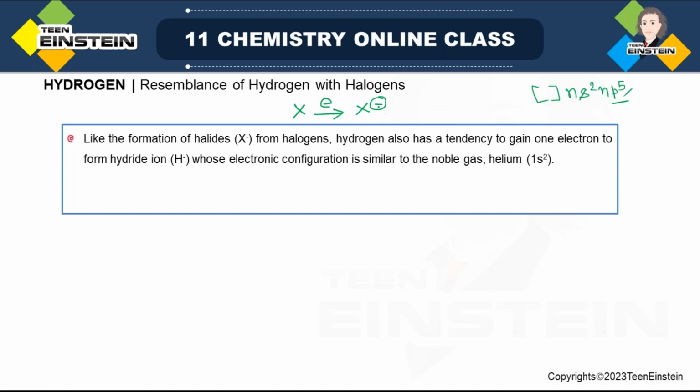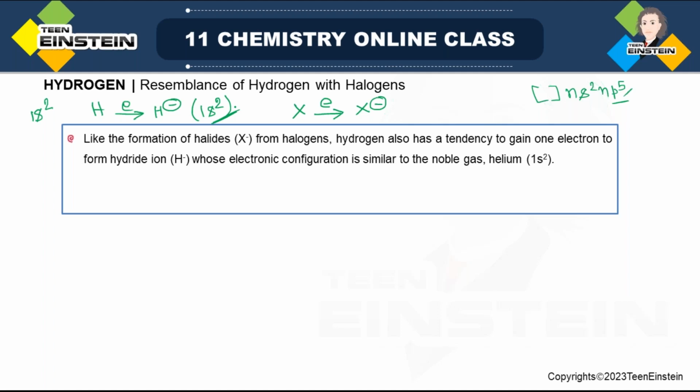Now the same type of observation you can also see in the case of hydrogen. Hydrogen can also accept one electron and form H minus. Now what is the driving force behind that? Hydrogen has the configuration 1s1, and when it accepts an electron, forming H minus, the configuration changes to 1s2, which is the configuration of helium, the next element after hydrogen.